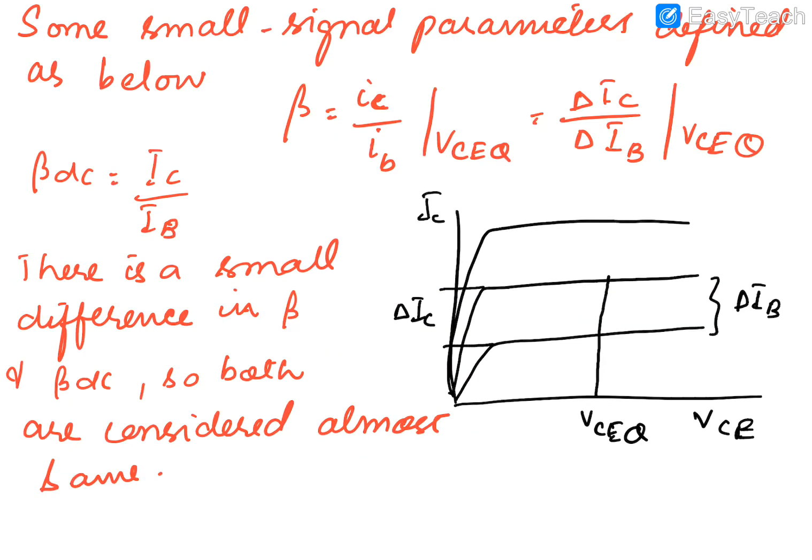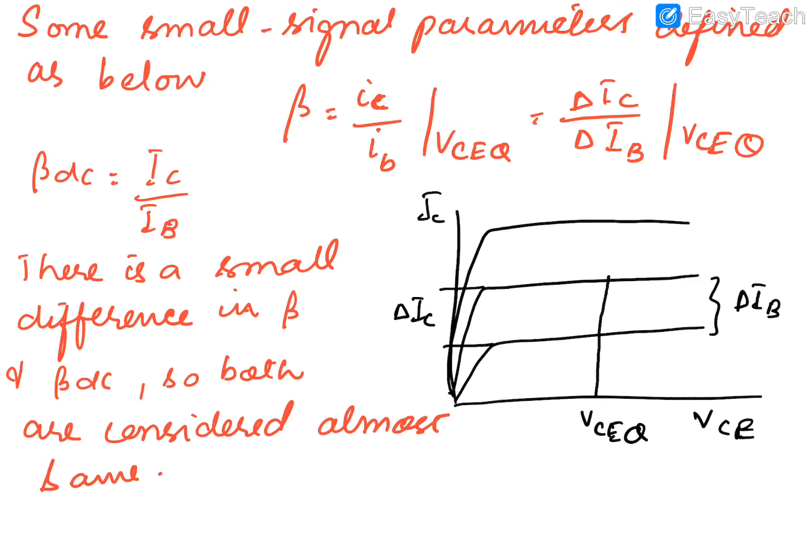Small signal beta is defined as IC over IB, or you can say the change in IC divided by the change in IB at a fixed value of VCE. It means that you will draw a straight line from VCEQ, and from this straight line you will find the values of delta IB and delta IC.